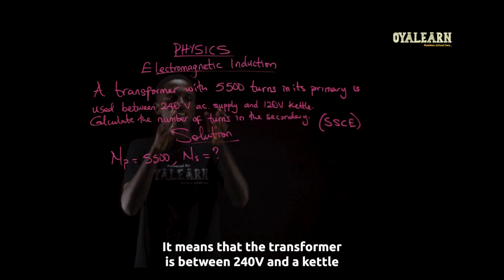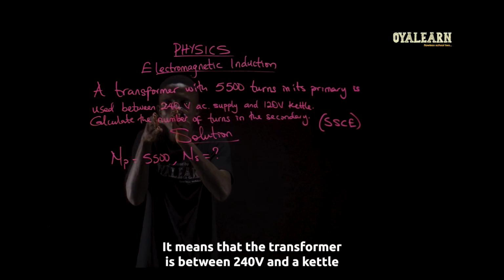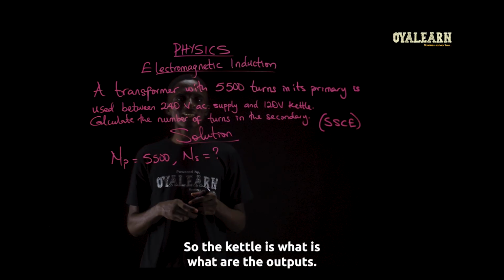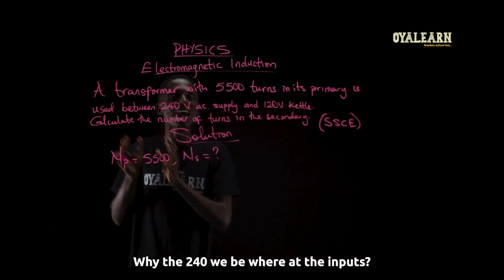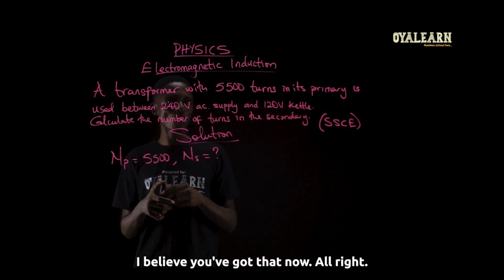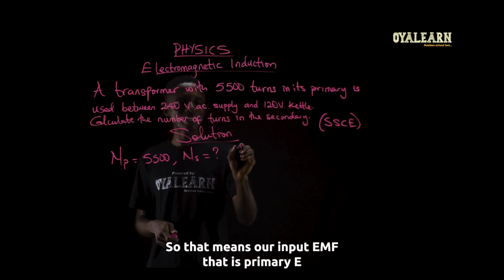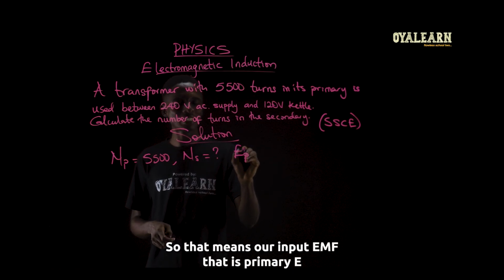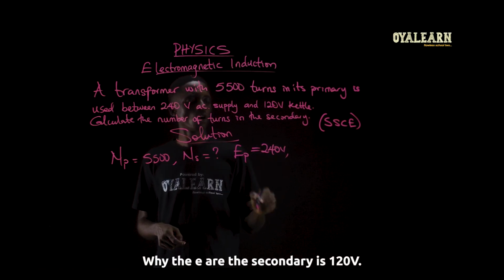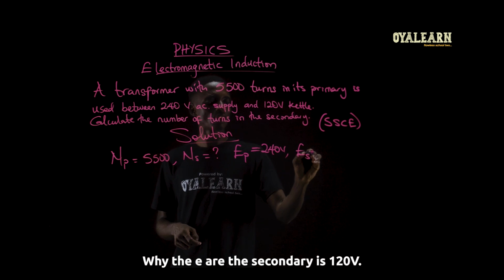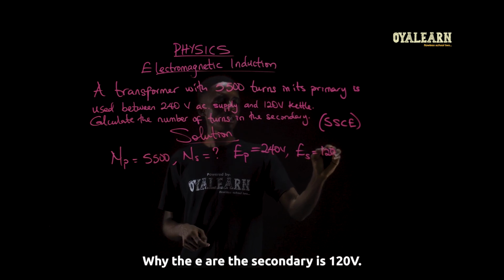It means that the transformer is between 240 volts and a kettle. So the kettle is at the output, while the 240 would be where? At the input. I believe you've got that now. All right. So that means our input EMF, that is primary E, is 240 volts, while the E at the secondary is 120 volts.